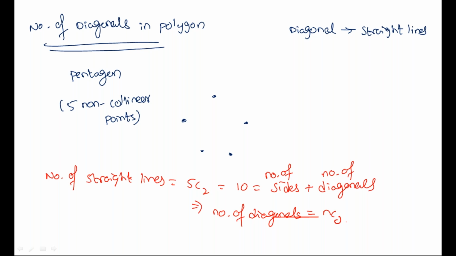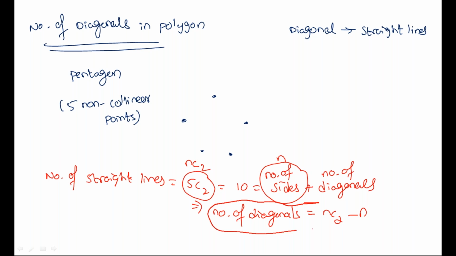So, number of diagonals is equal to NC2 minus N. What is this NC2? This is NC2. Number of sides is N. For an N-sided polygon, if suppose a polygon is a decagon, having 10 sides, N is equal to 10. Then if you want to find the number of diagonals, you perform NC2 minus N. Guys, NC2 is nothing but N into N minus 1 by 2.